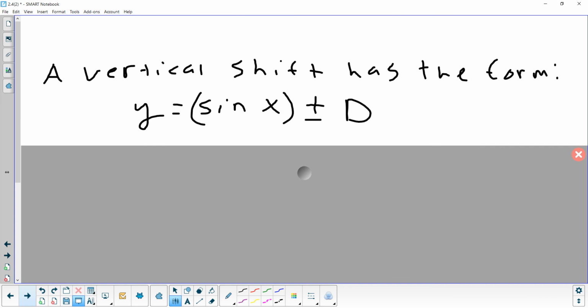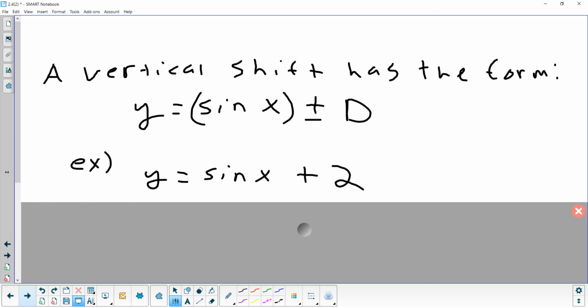So this has addition or subtraction, but notice the difference from yesterday. It is outside parentheses. So an example of a vertical shift would be something like sine of x plus 2. Now, if you put the x and the 2 in parentheses, now you've just made it a phase shift. That changes the order of operations.